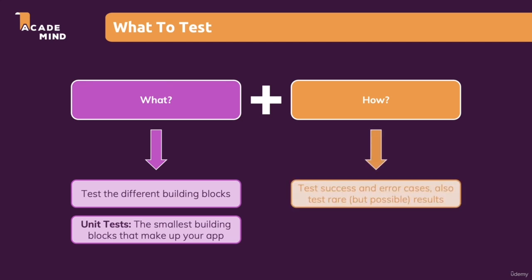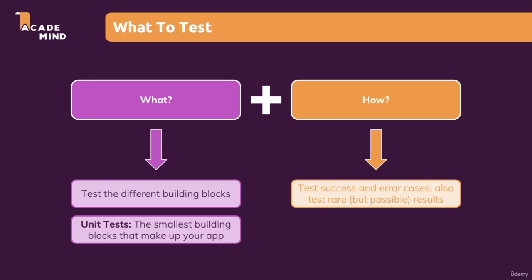Now, regarding the how, you want to test success and error cases that could occur if a user interacts with your application. And you also, of course, want to test some rare but possible scenarios and results. And again, that will become a bit clearer once we start writing some code.